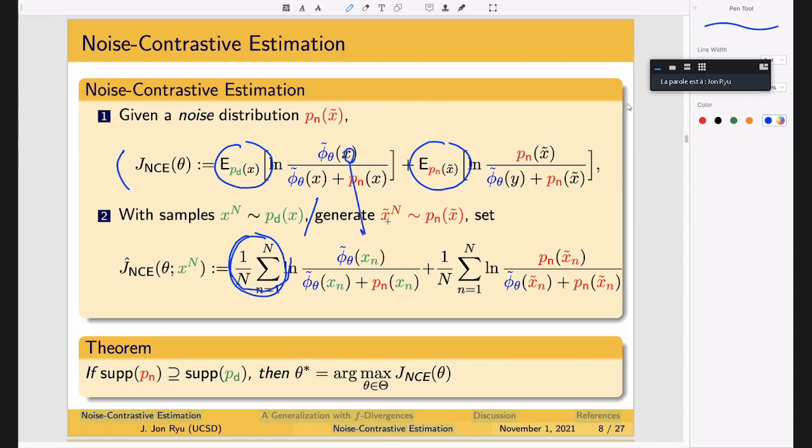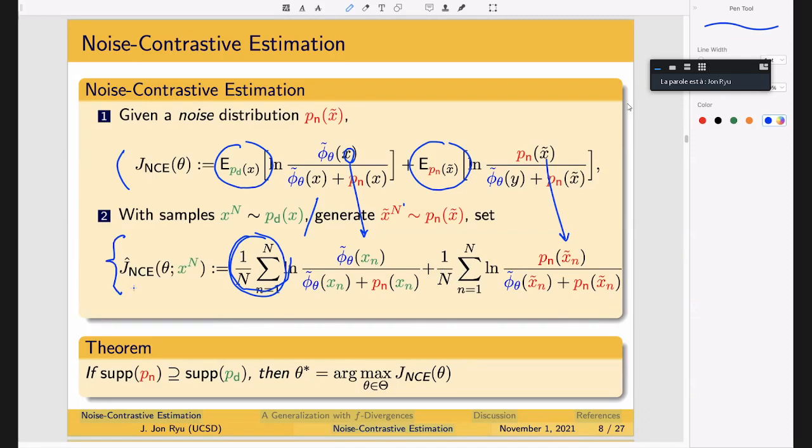And then for the second expectation, I'm gonna draw n noise samples and plug them into the expression so that I can get the unbiased estimator. Just one comment here is that you can use different sample sizes for sure to get a sample objective. But for simplicity, I'm going to assume that we are just drawing the same number of noise samples here. Okay, so this is what we are going to use in practice.